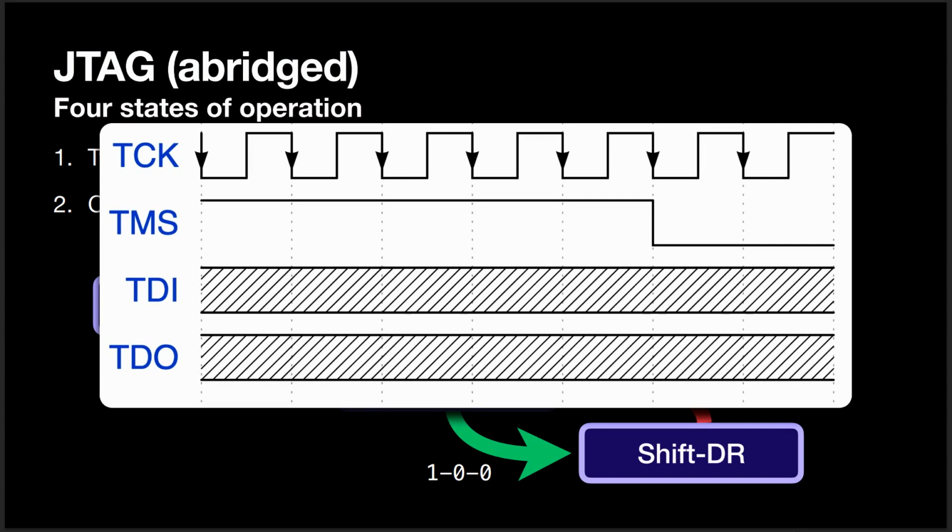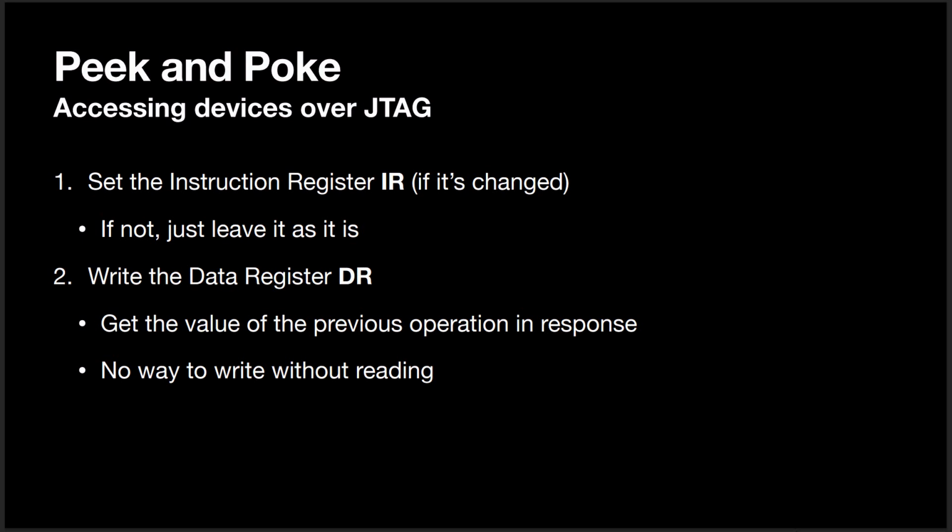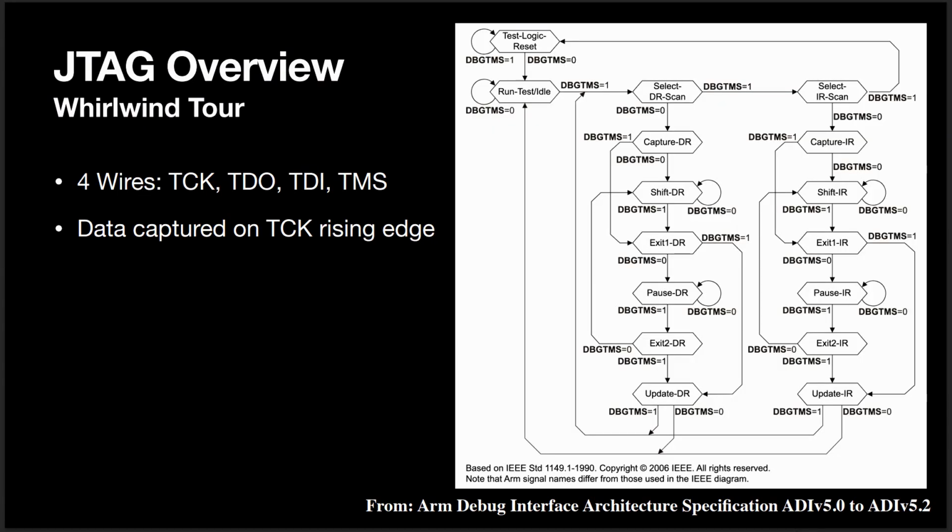I was supposed to talk about how we can simplify it down to 4 states and go between them, but here's just an example of what the clock looks like if you happen to be partial to timing diagrams. So basically the way we peek and poke is we go into the shift IR state, which is kind of difficult to see without a pointer.